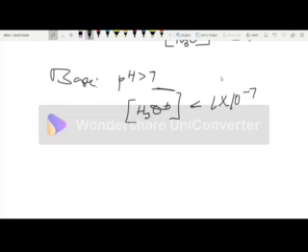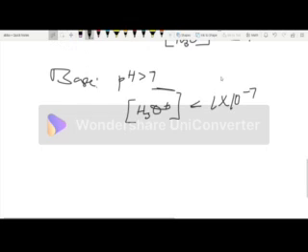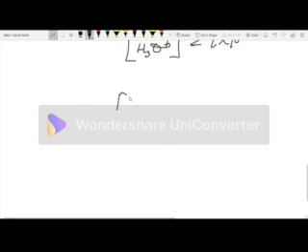So now the pOH scale is similar to the pH scale, and it refers to the negative logarithm of the hydroxide ion concentration of the solution.